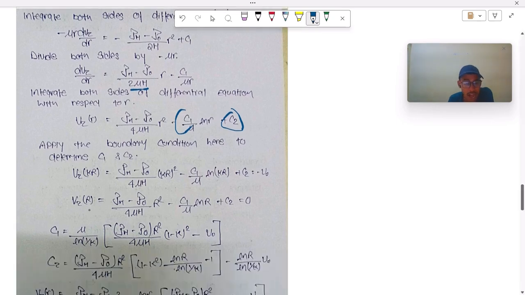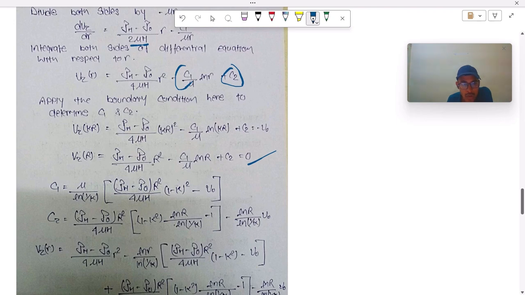And putting r is equal to capital R, we have velocity 0, which is the no slip boundary condition. On solving, we get C1 is equal to mu upon ln 1 by kappa, the change in modified pressure into R square upon 4 times mu h into 1 minus kappa square, minus v naught, that is the terminal velocity.